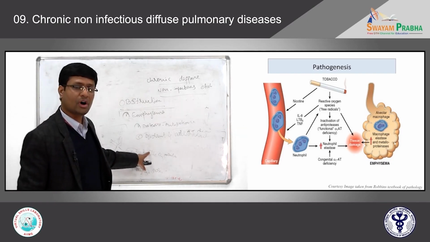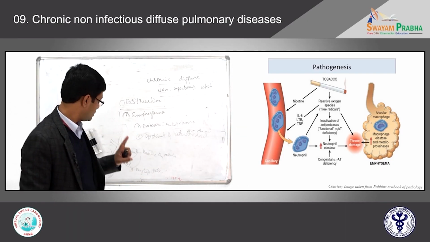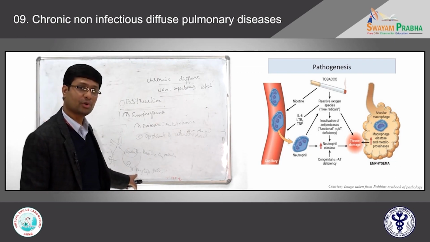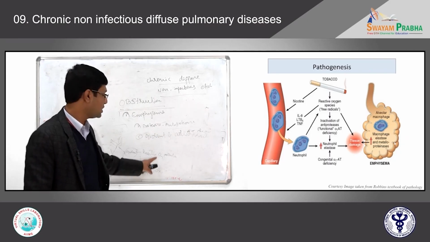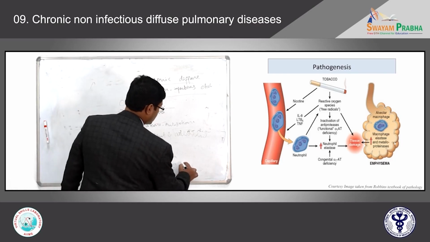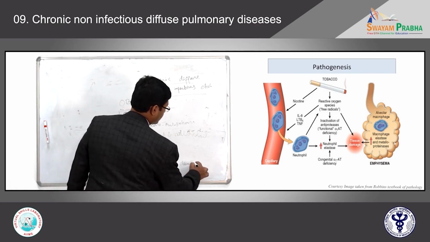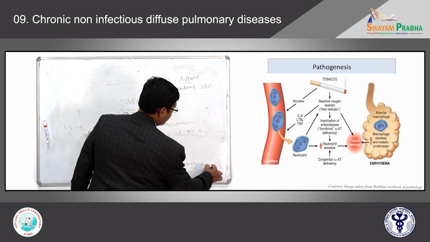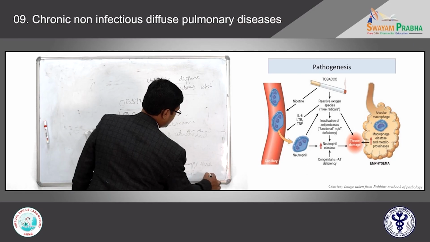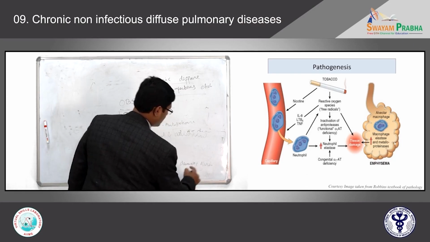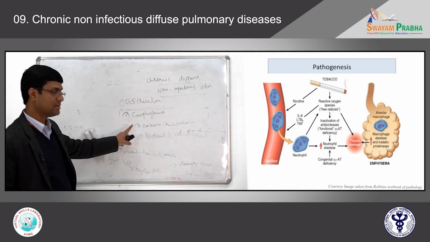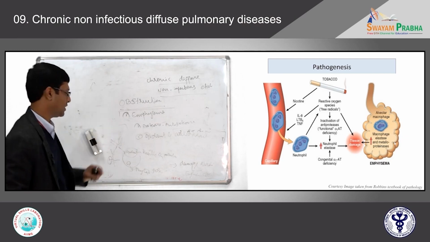More reactive oxygen species, more inflammatory cells, more proteolytic enzymes: all of this together causes damage to the alveoli, leading to emphysema. I'll repeat, COPD, emphysema. So this is the protease-antiprotease mechanism and the oxidant and antioxidant mechanism.